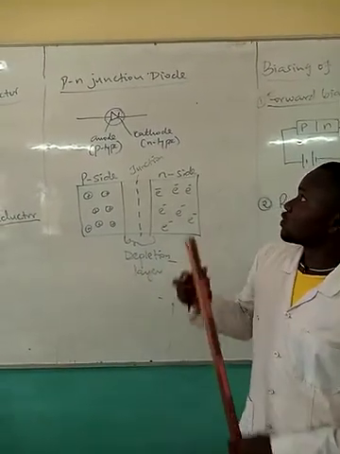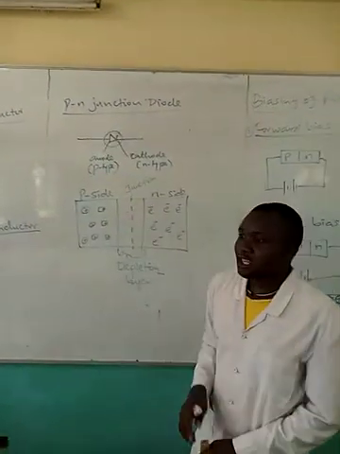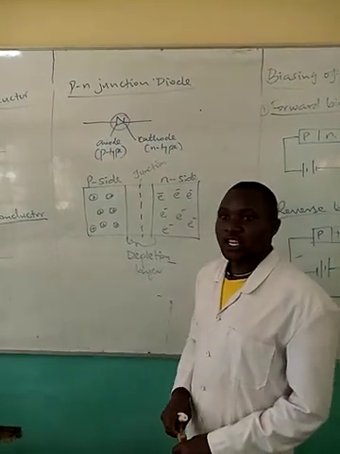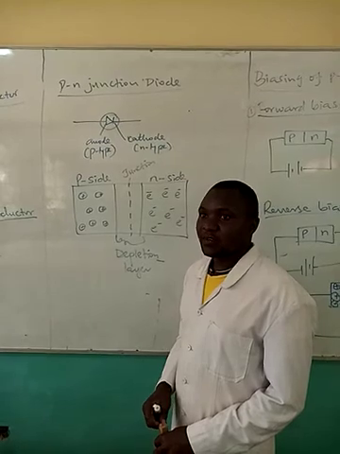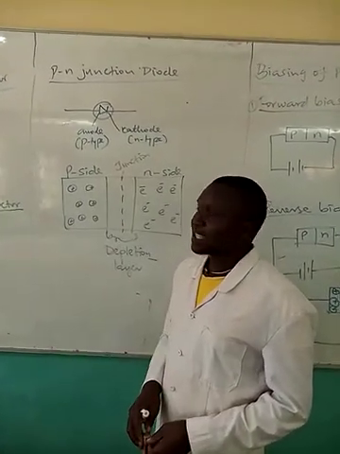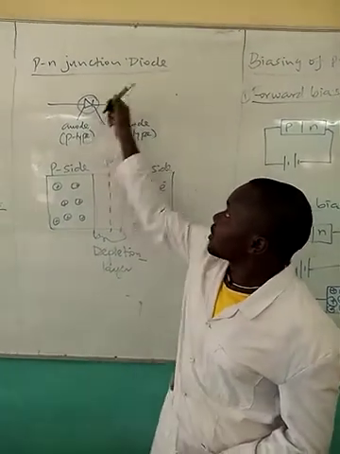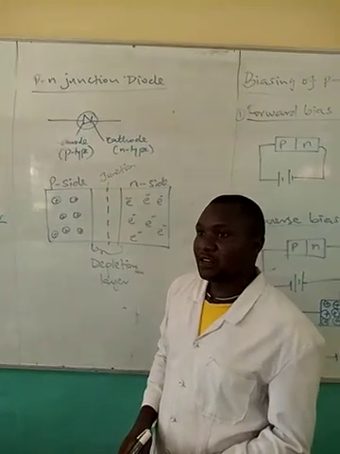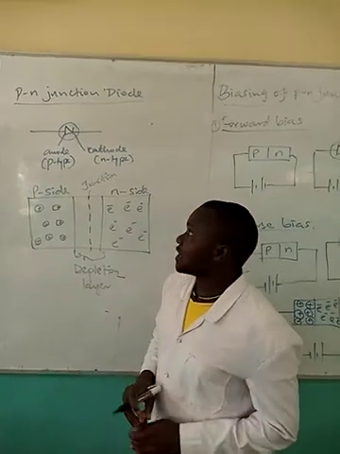So the two can form what we call a p-n junction diode, which is simply a device that's able to allow electrons or charge to flow in one direction only. Charges can flow from the P side towards the N side. So the p-n junction diode is a device we use in most electrical devices when we want to restrict current to flow in a particular direction.